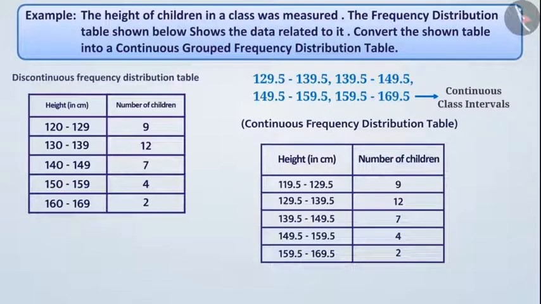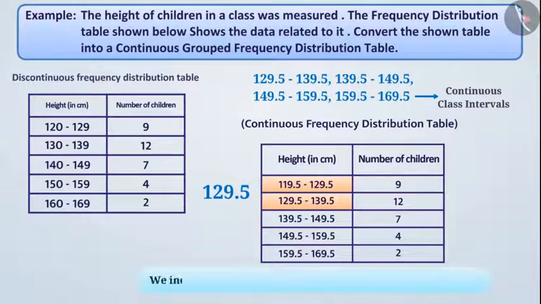Now, can you tell in which class interval 129.5 will be included? Think. Absolutely right. 129.5 is overlapping between the class intervals 119.5 to 129.5 and 129.5 to 139.5.